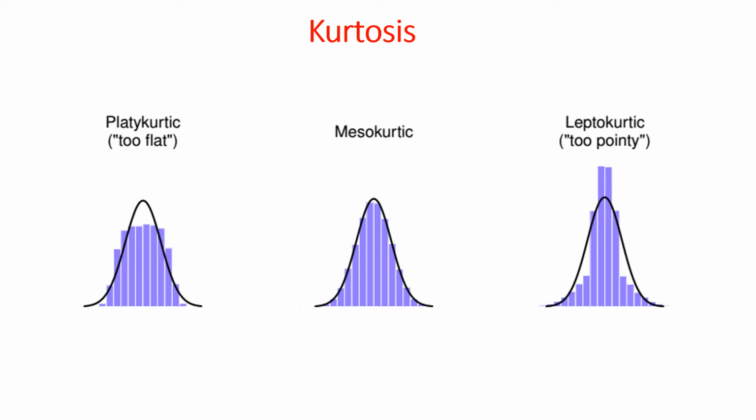But if you look at the distribution on the left, this is a distribution with a negative kurtosis, because you can easily see that the distribution falls below the normal distribution, and it looks too flat. On the other hand, the distribution on the right side is very, very pointy.